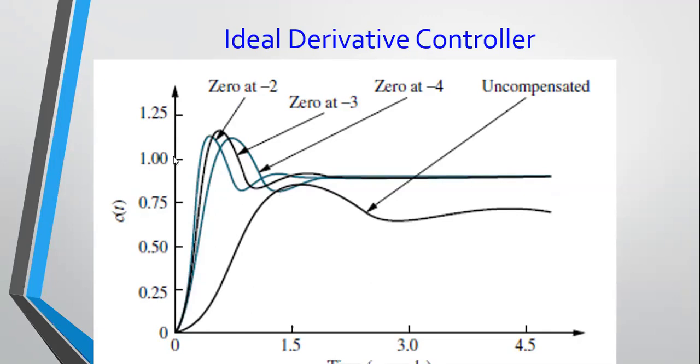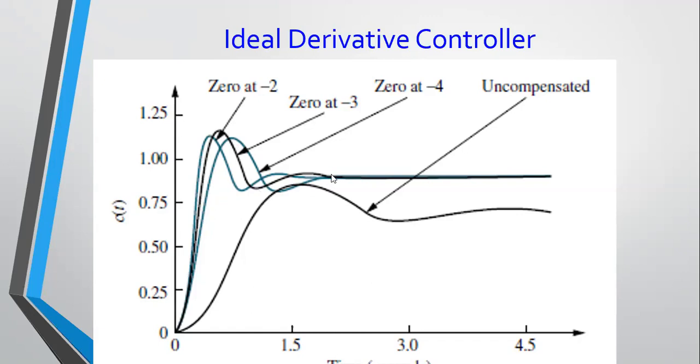But more important for us here is that this was an uncompensated system, which was taking quite a lot of time to settle down in its transient part. The peak time was quite high, as well as the settling time. But now by doing compensation, by adding zeros at -2, -3, -4, you're able to speed up your system. You can see the peak time has significantly been reduced, and also settling time. The system is settling quicker.